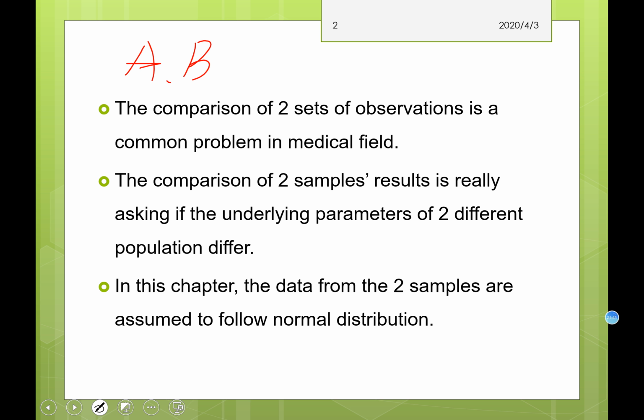The comparison of two samples results is really asking if the underlying parameters of two different populations differ. So you can find that here are keywords. In medical statistics, you need to identify the keywords. If you can find a special keyword, you will know what method you can use.